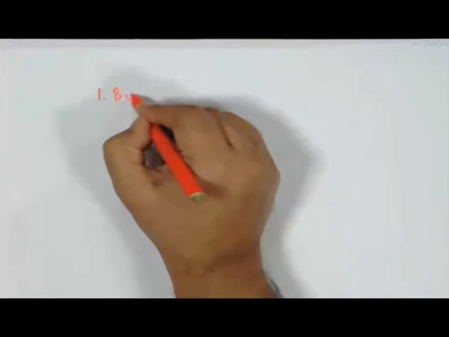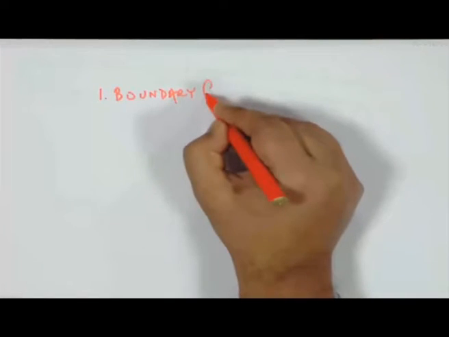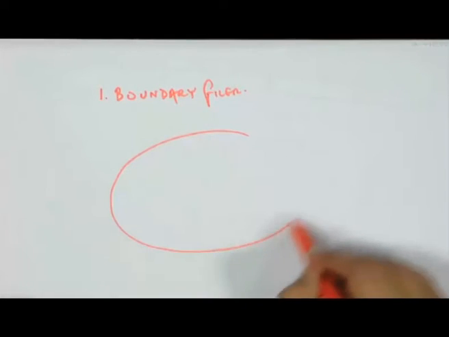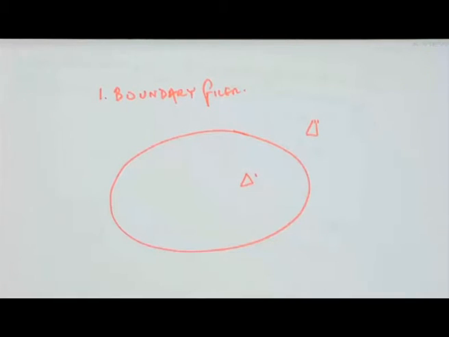So boundary filtering means a simple thing. So in boundary filtering, what will we do? The intuition is, again, think carefully. What is happening? This is a cell tower, this is a cell tower. Okay.